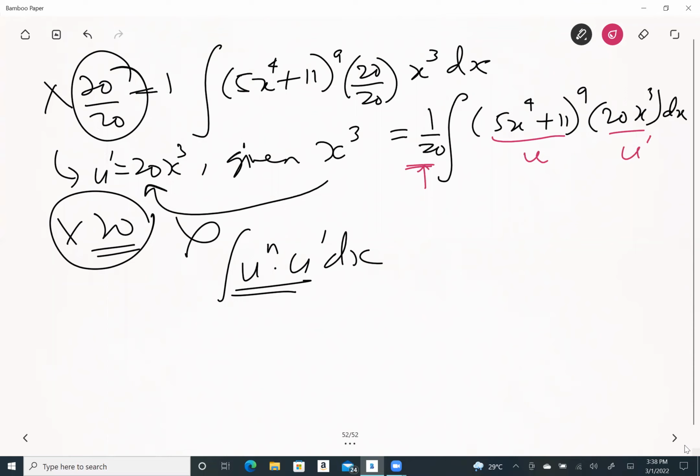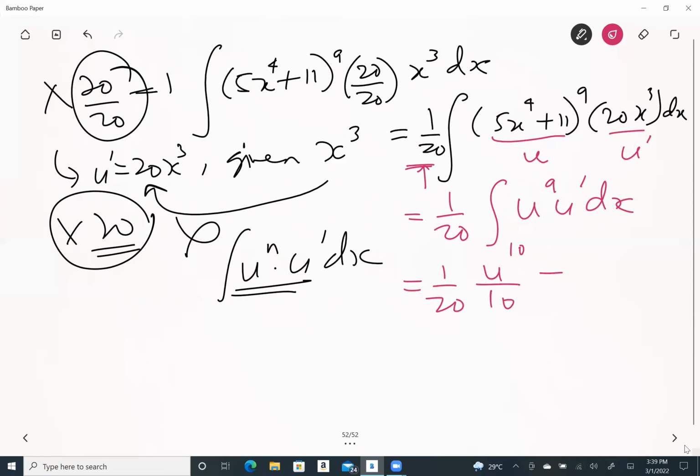So in terms of U, I can write 1 over 20 times the integral of U to the power of 9, U prime dx. That is equal to 1 over 20, the constant will just follow the integral, U to the power of 10 divided by 10 plus C.